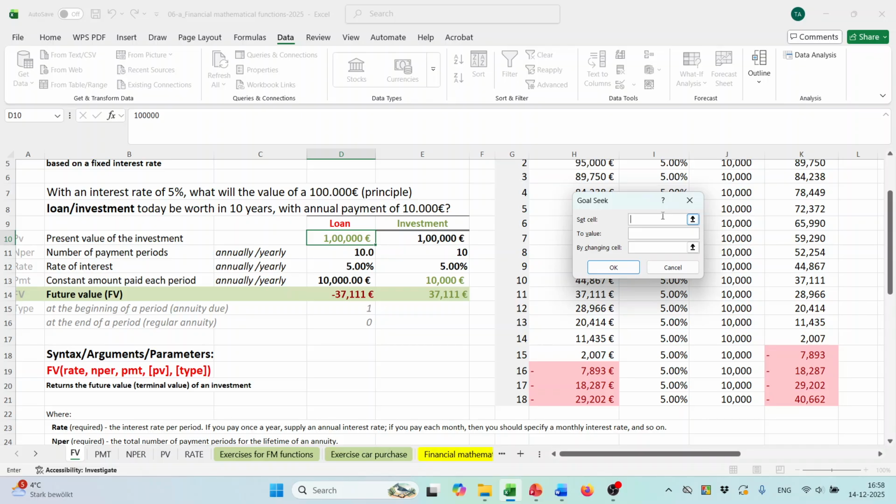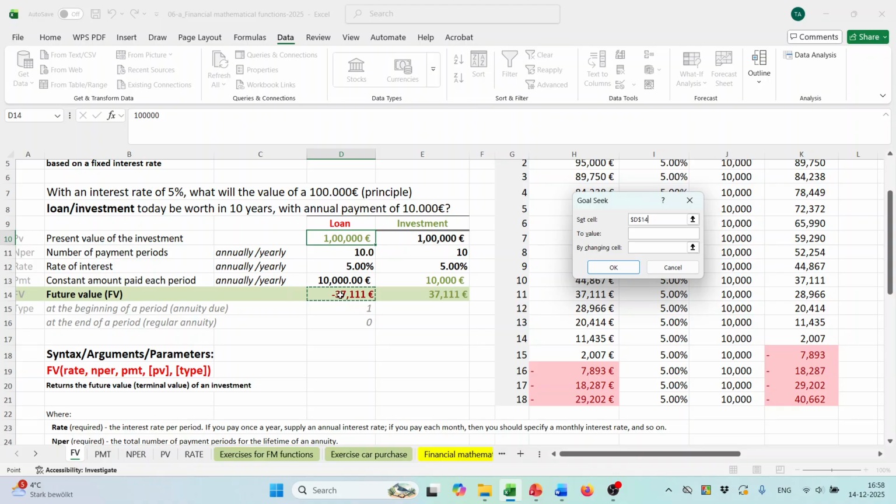Set goal means what is our target. Our target is to repay our whole debt. So that means our future value should be 0. That means when this reaches 0, our goal will be achieved, our debt will be repaid.